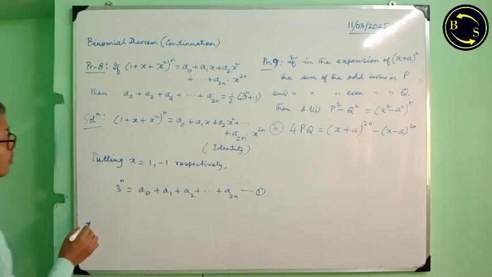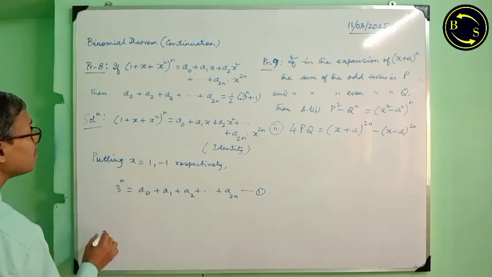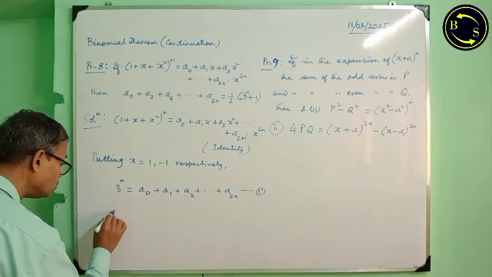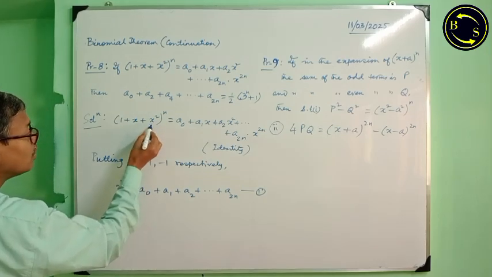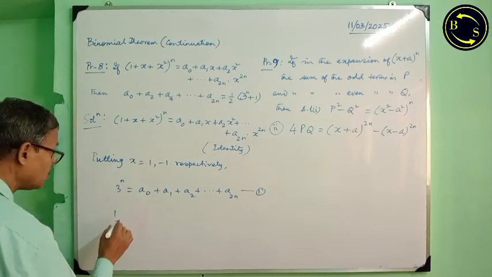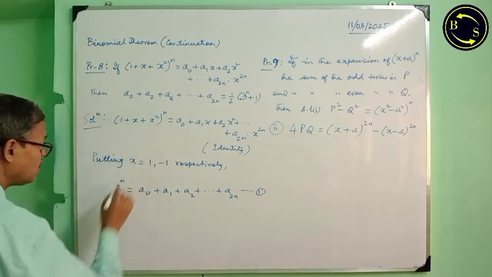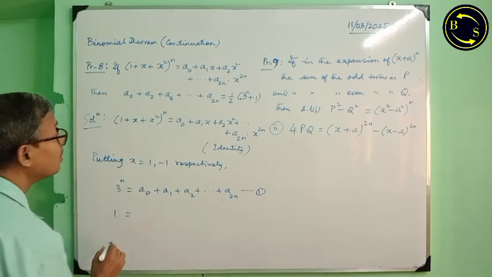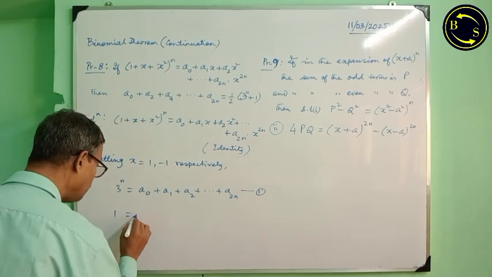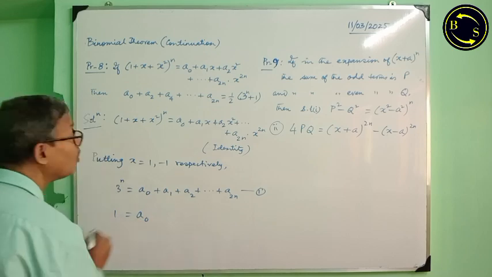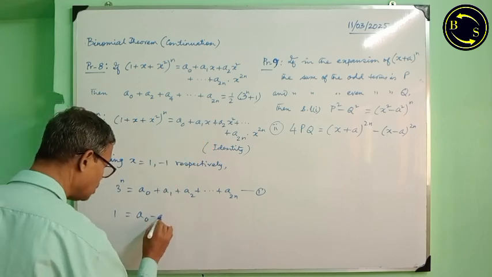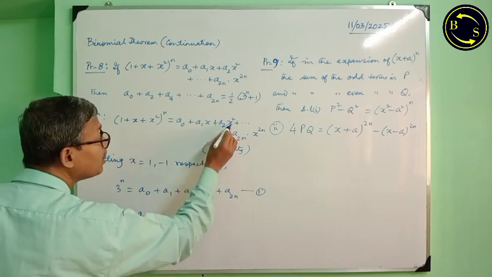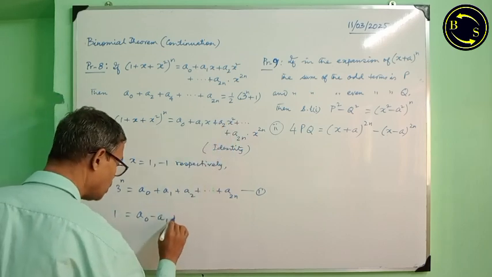When we put x equal to minus 1, left hand side will be just 1. Minus 1 whole square means 1. These two will be cancelled. 1 to the power n, that is 1. Then first term will be a naught, x equal to minus 1, therefore it will be minus a1. Minus 1 whole square means positive.